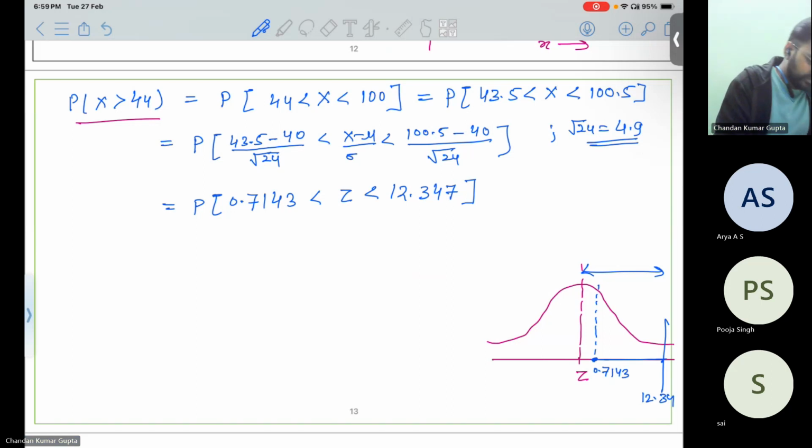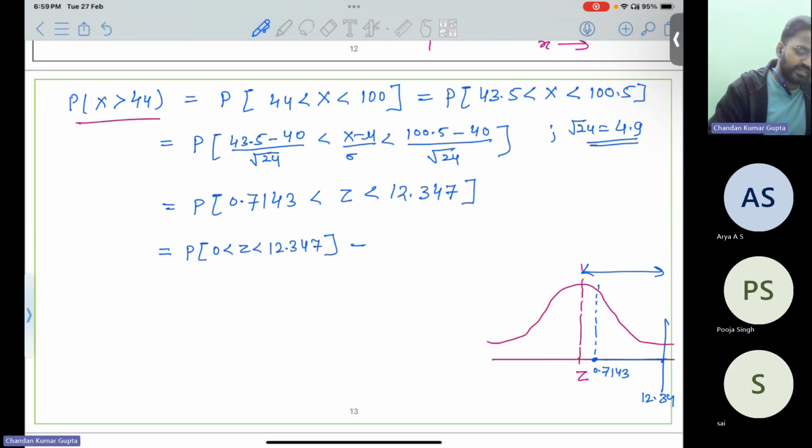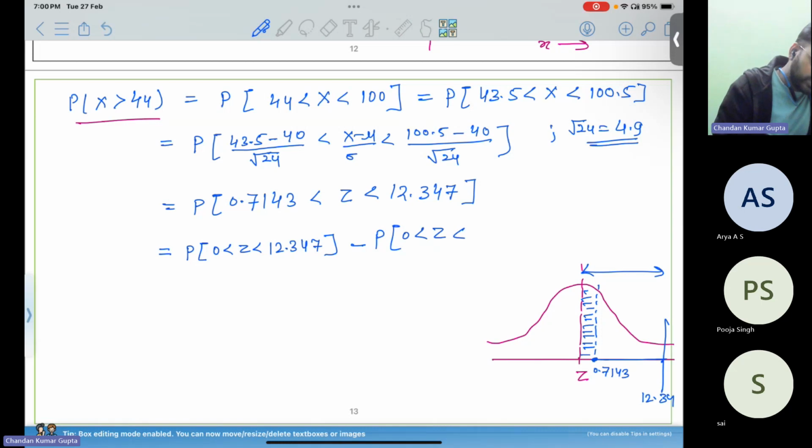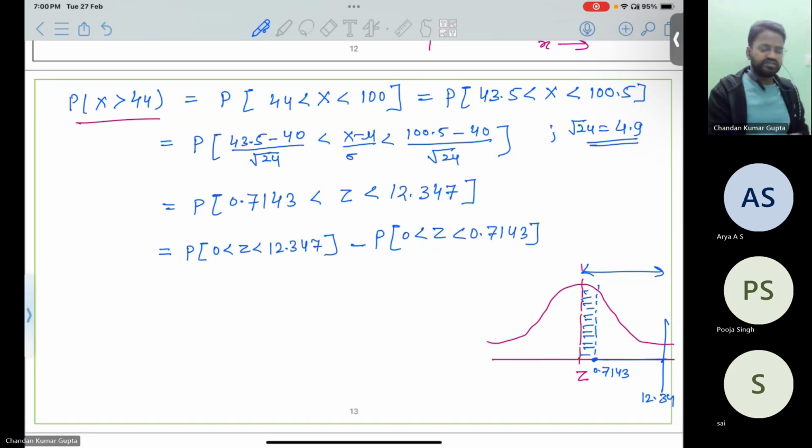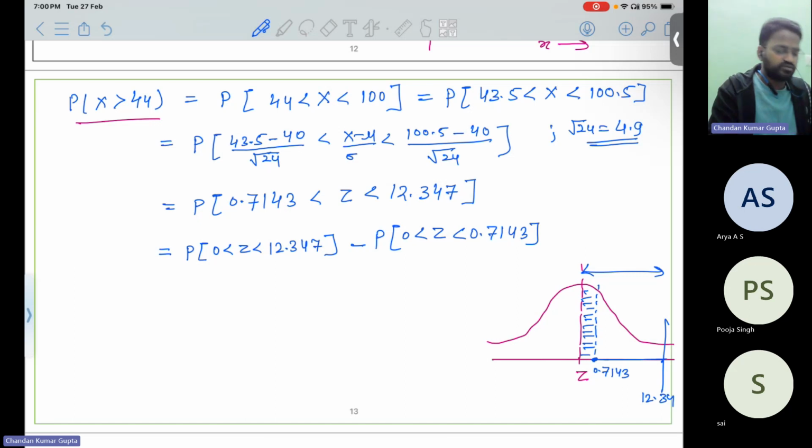So we can write like this: probability between 12.347 minus this quantity, which is written as 0 to 0.7143. Is it clear or any doubt?